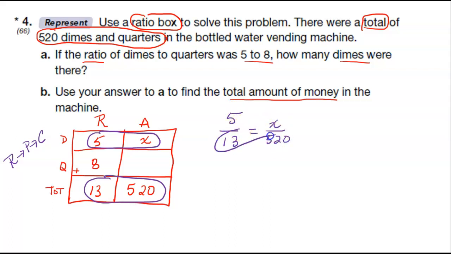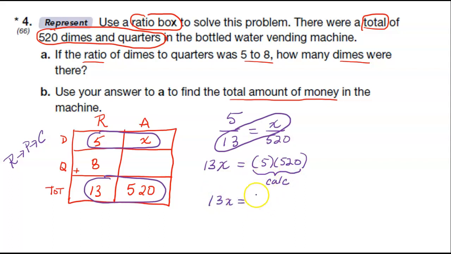We're going to cross multiply. 5 times 520. You'll need to do that on your calculator. And then you have 13x equals whatever that is. You'll divide by 13. And you'll get x is equal to the answer for A.